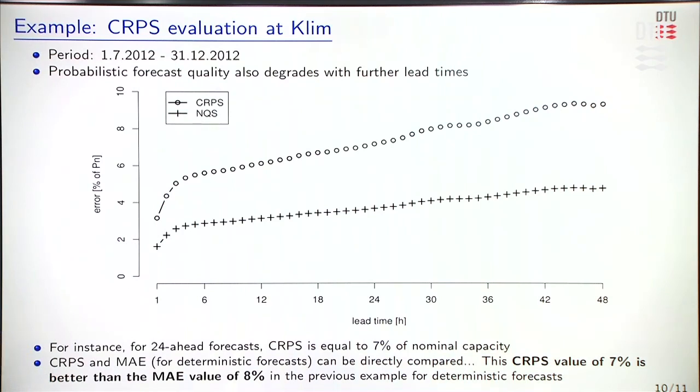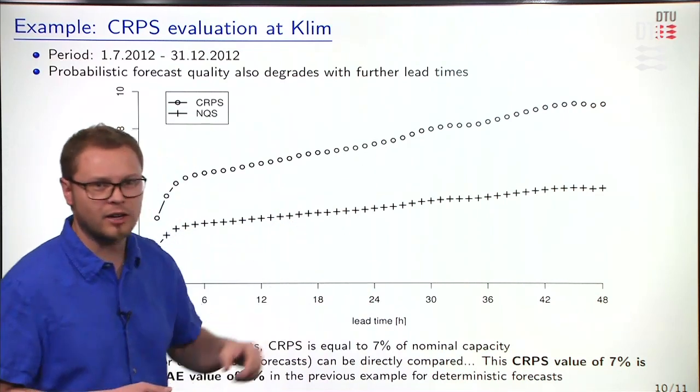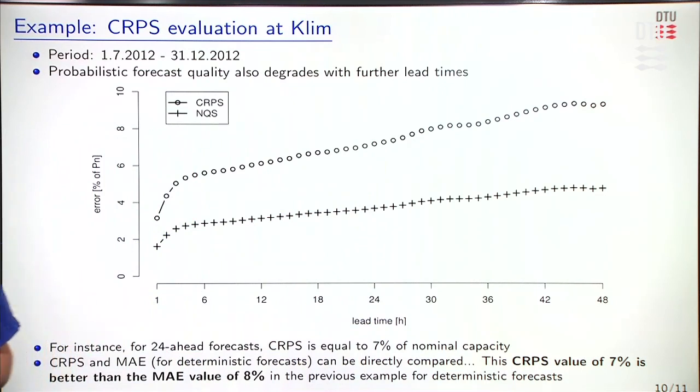The way to interpret it, for instance, for a given lead time, 24 hours ahead, you can look at the CRPS value and say, well, the CRPS is equal to 7% of nominal capacity. It may sound like it's difficult to interpret, but actually what's interesting with the CRPS is that it's a generalization of the mean absolute error that we use for deterministic forecasts.